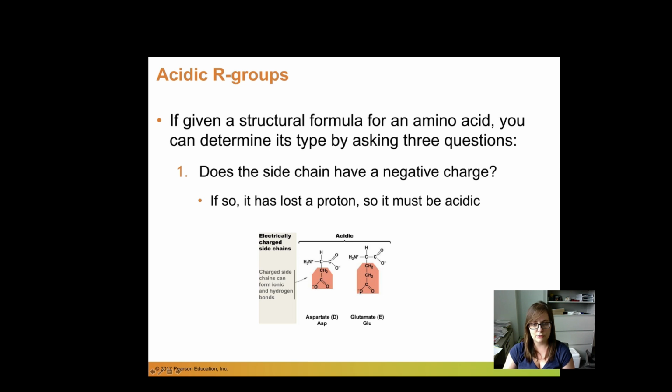The same goes for the glutamate here. This oxygen, the hydroxyl group, donated a proton to solution, and now it has a negative charge. These two are your acidic amino acids. Because they have these charges, they will interact with water, because water is a polar molecule. So they're hydrophilic.